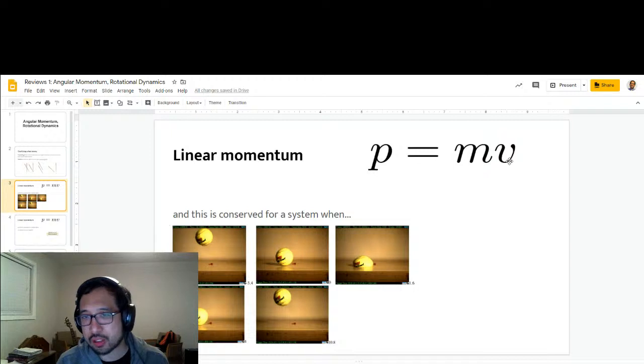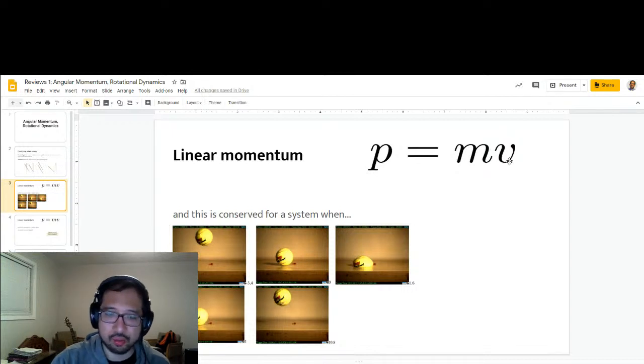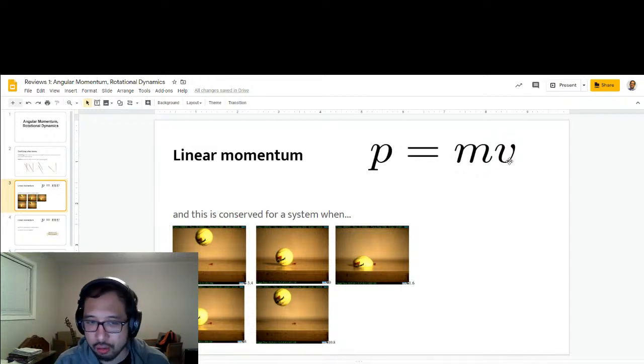It's roughly a measure of how much push an object has or how much force it can apply when it contacts another object. And this linear momentum is an important quantity to measure because when an object interacts with another object, or when we have a system of objects, we can group those objects together and look at the forces that are happening between those two as internal forces.